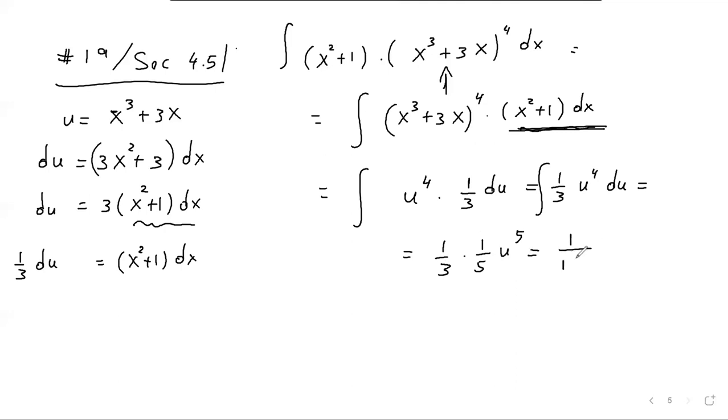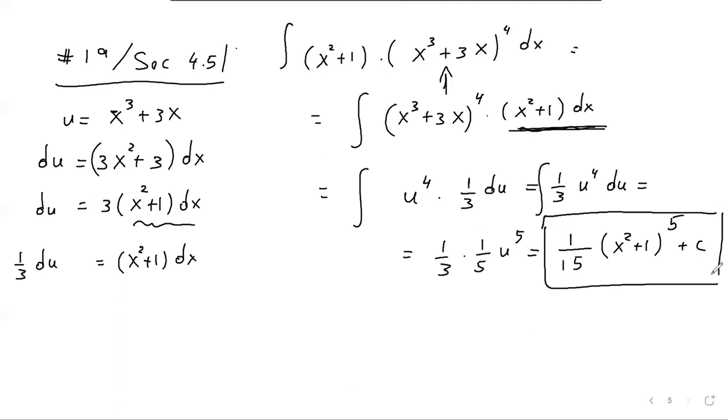So this is 1/15 times the quantity x cubed plus 3x to the 5th plus a constant c. So that takes care of problem 19.